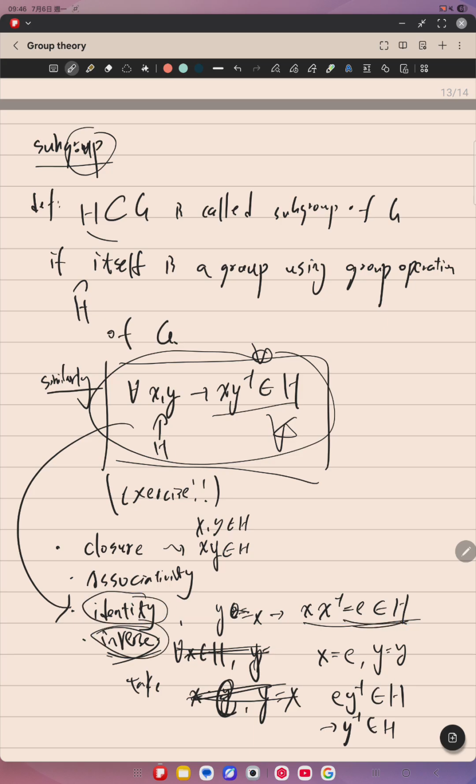If these two conditions are true, then closure is simple.